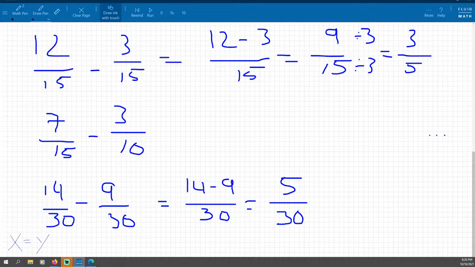Now we need to reduce. So the common multiple, or whatever, I forgot what it's called. Oh well, it's 5. 5 goes into 5 one time. 5 goes into 30 6 times. So the final answer is 1/6. I forgot the term already.